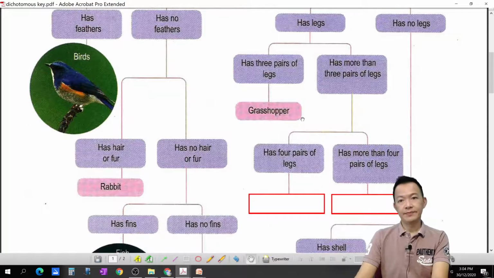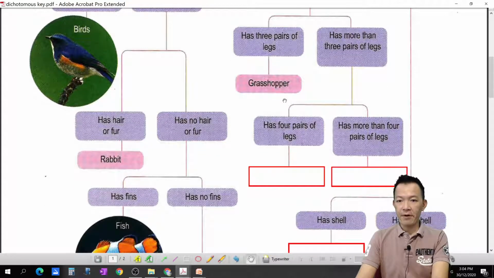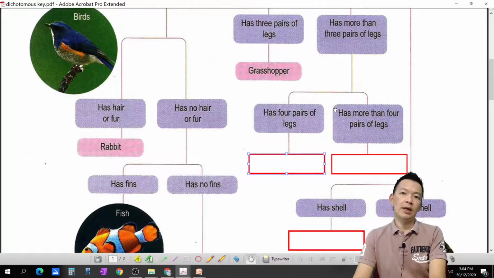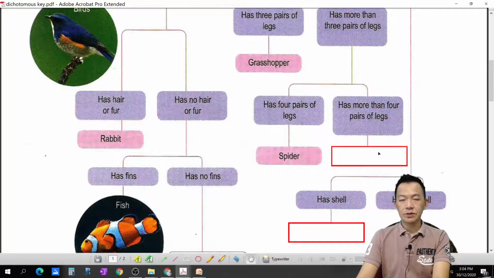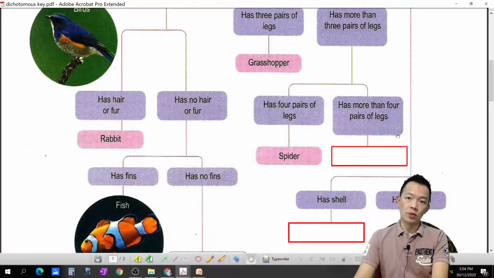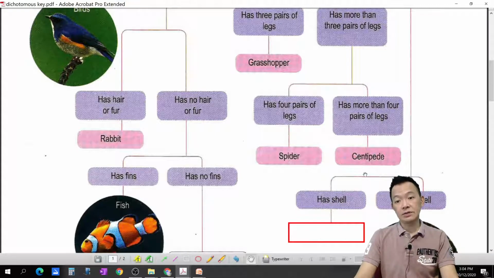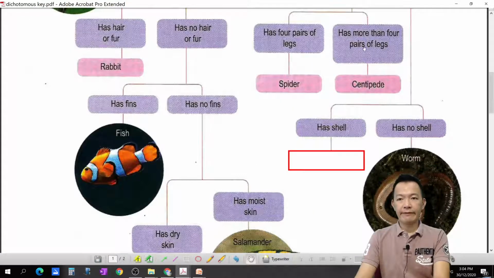Grasshopper has 3 pairs of legs. Then 4 pairs or more than 4 pairs. 4 pairs, who has that? Spider, scorpion. More than 4 pairs: millipede, centipede. Then those with no legs can be separated into 2 groups: has shell and no shell.